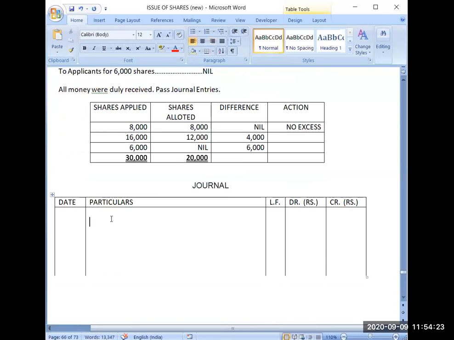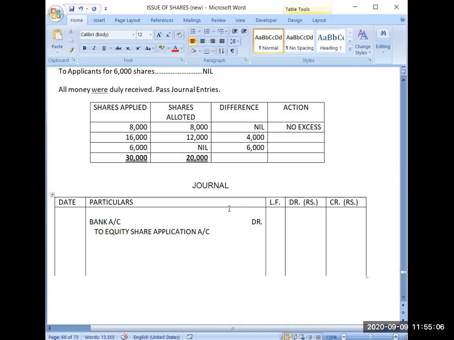Okay. Now we will do the first entry. Bank account debit to equity share application account. Now, from which column, from where I will be getting the application money? Now depend on the table only. From which column?